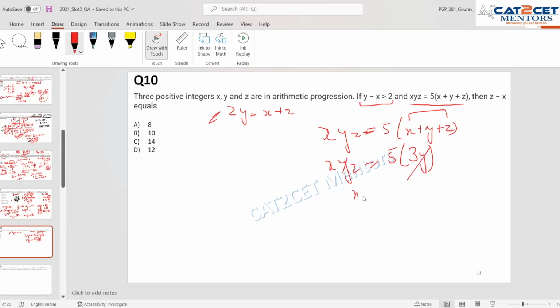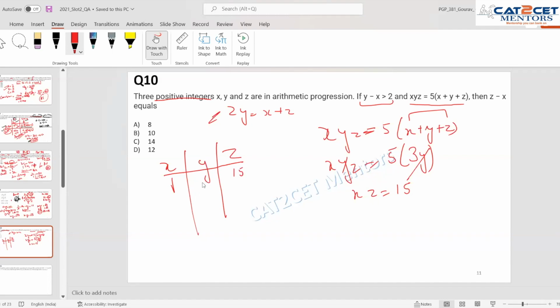So we will have xz equals 15, and we are told that all these are positive integers, so we should not have much difficulty in solving the values of x and z manually. Okay, so let's start with putting x equals 1, so our z will come out to be 15.